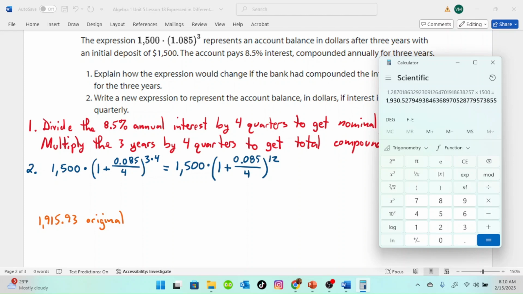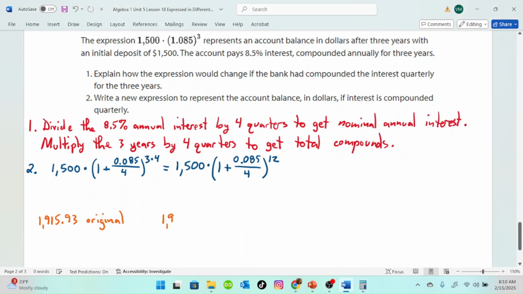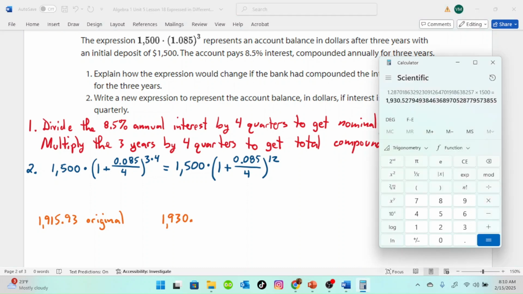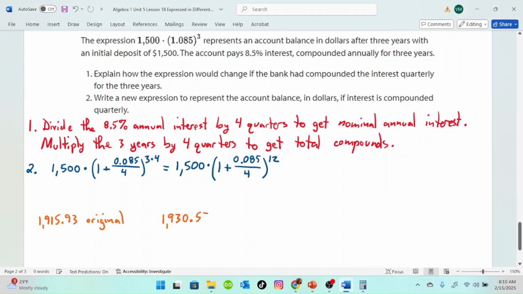It would be $1,930.53 if it was compounded quarterly. So you would actually make about just under $15 extra if they would compound it quarterly for you.